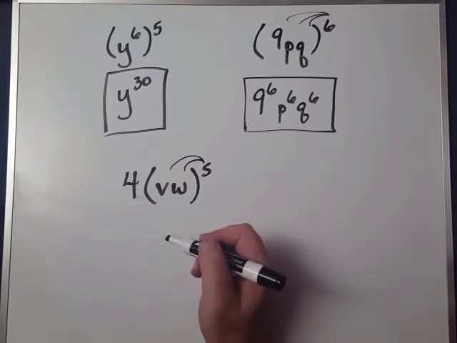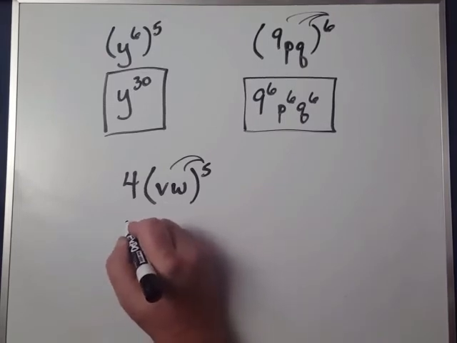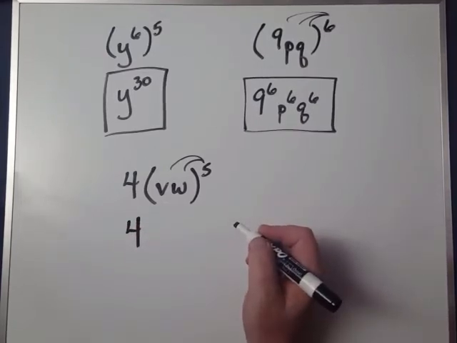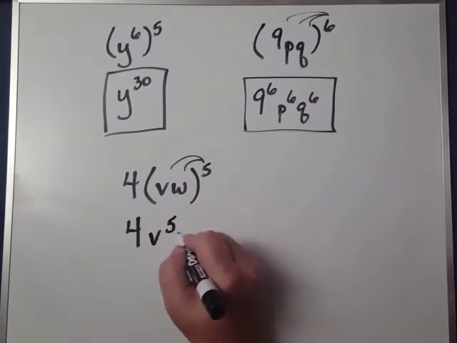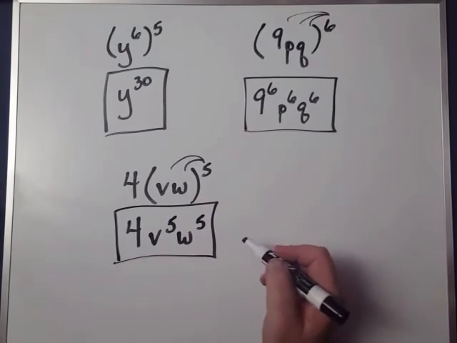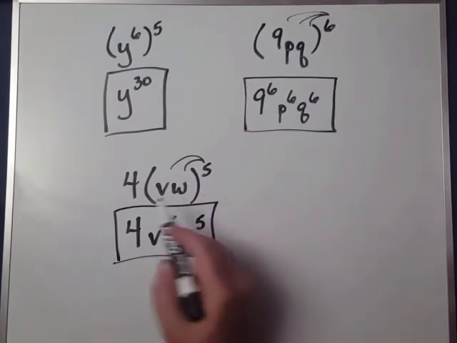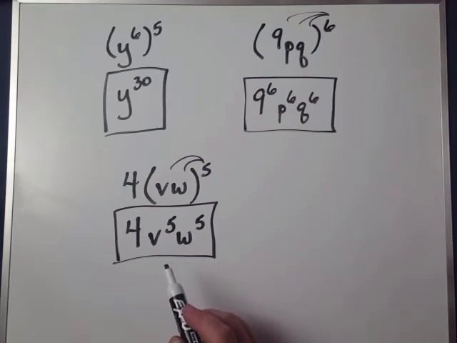The 4 is not participating. The 4 is not part of the base. The 4 is just out front floating. So we have 4 times, and now what's going on over here? V to the 5th, W to the 5th. But the 4 remains unaffected because it was not in the parentheses, it was not participating as part of that base.